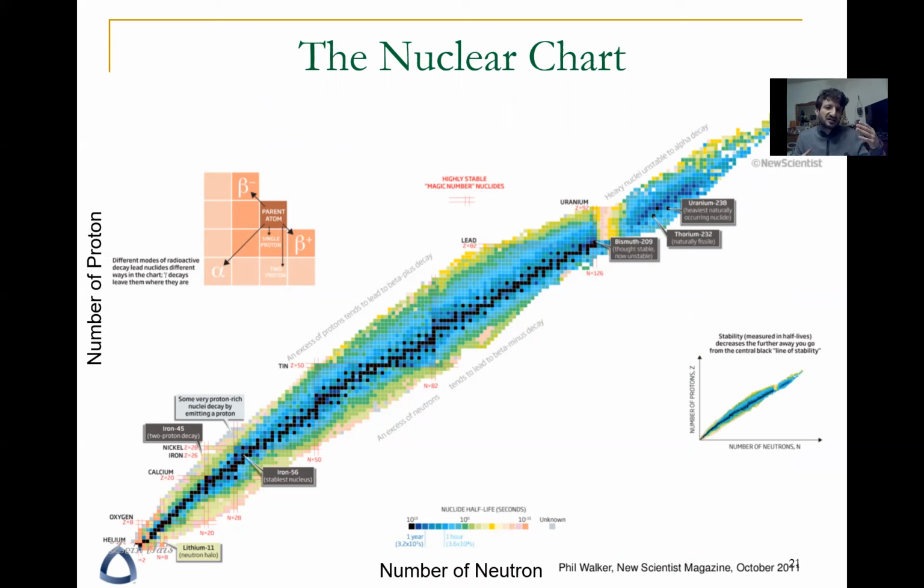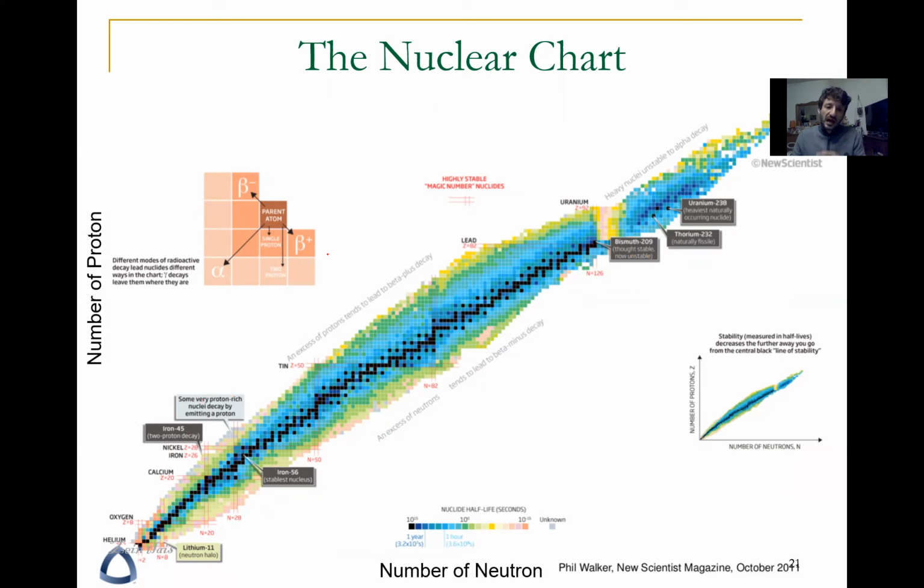You have the stable zone and you have the unstable zone. As you see here, you have the black line. In this region, you have all the stable elements, all the non-radioactive elements.